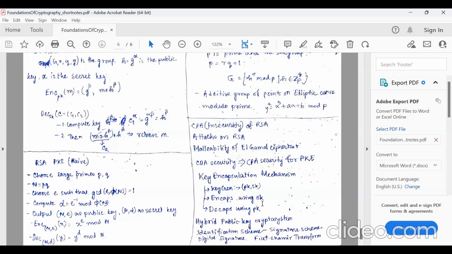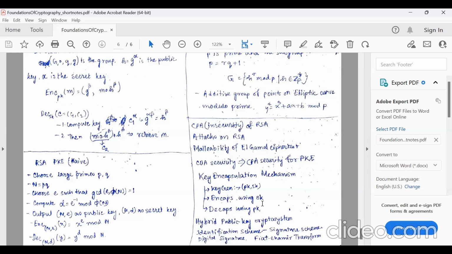It samples some random symmetric key K from the key space of the symmetric key encryption algorithm, and then it encapsulates that key K with the public key PK, and sends the encapsulation of key K to some other party.